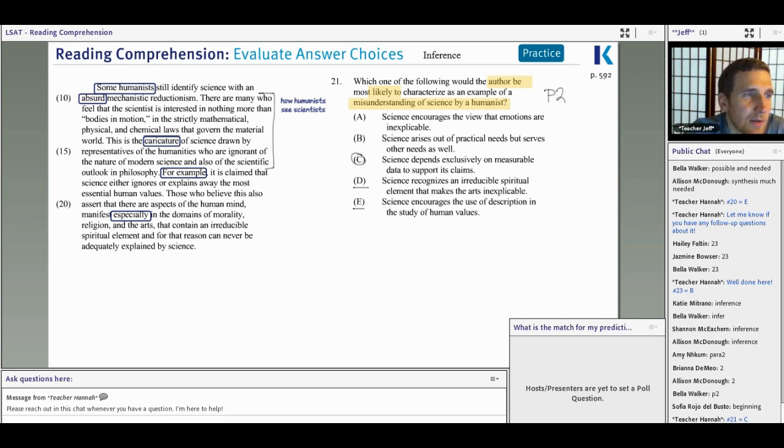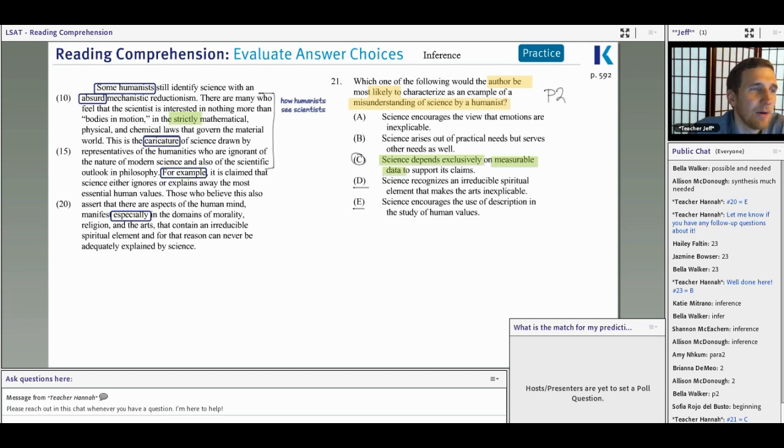We also get information in between those parts about they feel the scientist is interested in nothing more than bodies in motion, strictly mathematical, physical, so on and so forth. The reason why answer choice C works is it parallels what you're reading in that area. Answer choice C says science depends exclusively, notice that's very similar to strictly, on measurable data.